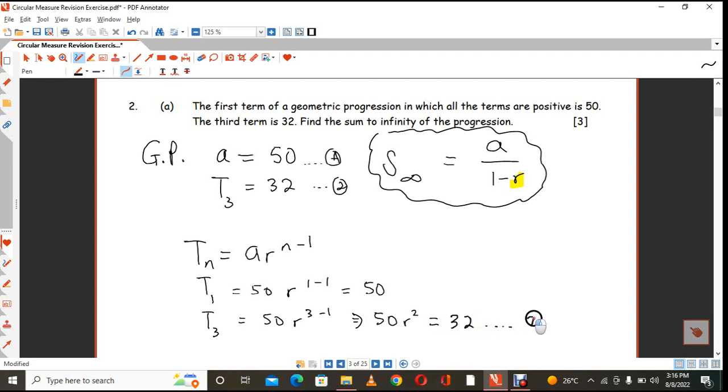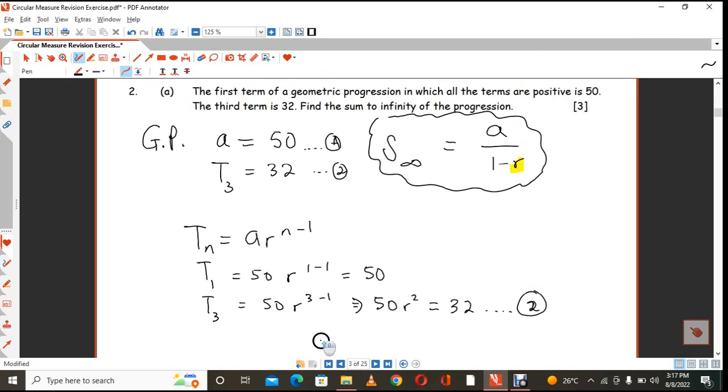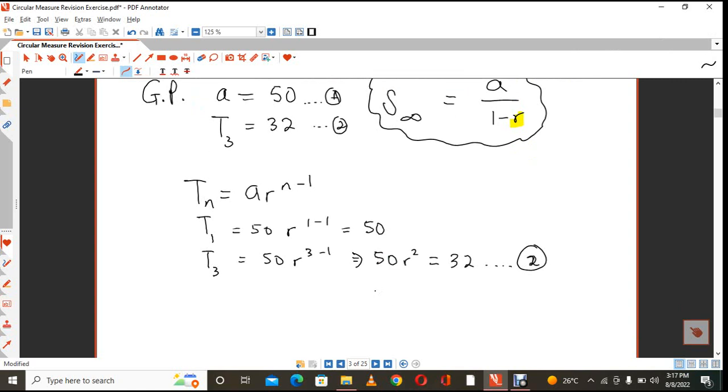Let's say that is my second equation, and this is the value of A. If you substitute the value of A into the second equation, in order to find R, because A represents the first term, and the first term is just 50. So the third term is 50R squared, equal to 32.